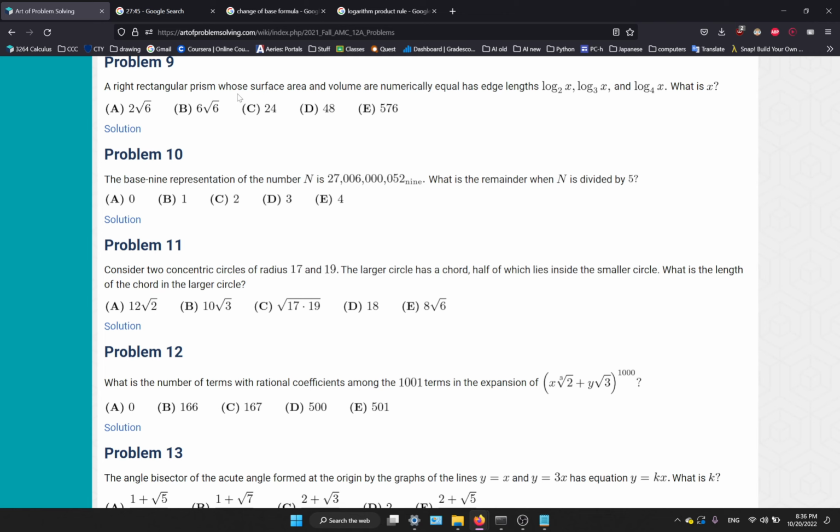So we just proved that 3 to the first divided by 5, you get a remainder of 3. 3 to the second, you get a remainder of 4. 3 to the third, you get a remainder of 2 when you divide by 5. 3 to the fourth, you get a remainder of 1.